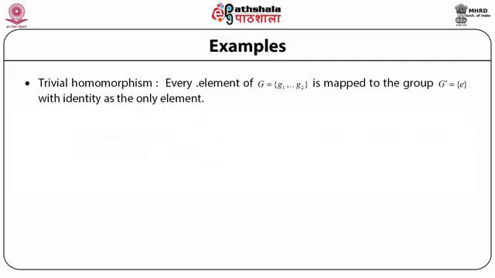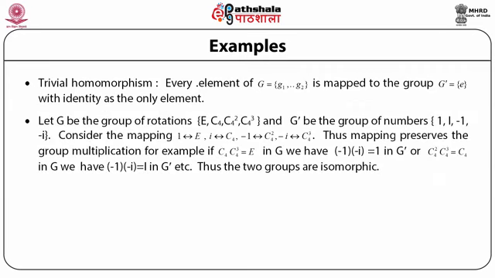An example of isomorphism is this: consider a group G of rotations which has 4 elements, E, C4, C4 square and C4 cube, where C4 is a rotation about an axis by an angle pi by 2, C4 square is a rotation by pi, and C4 cube is a rotation by 3 pi by 2.